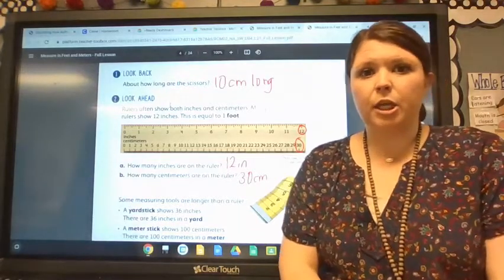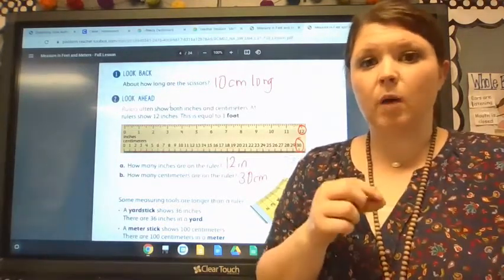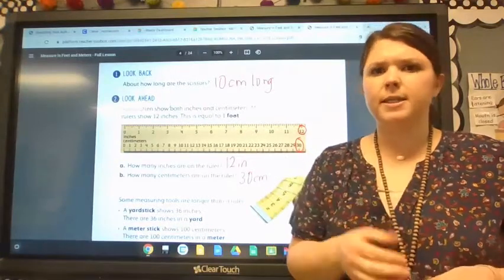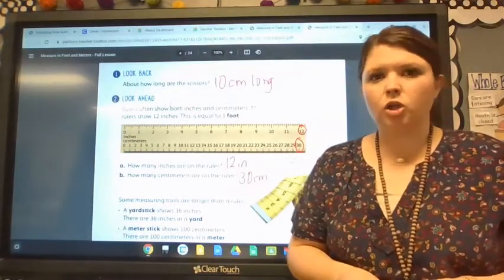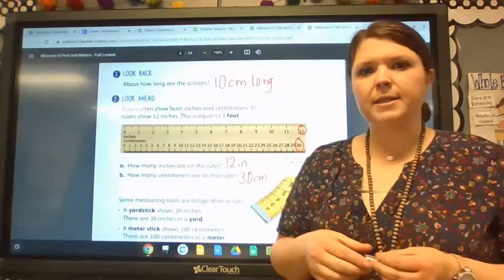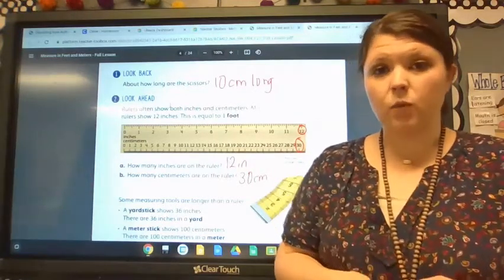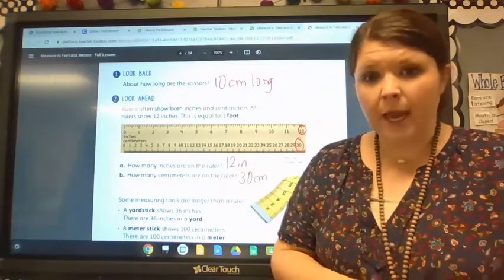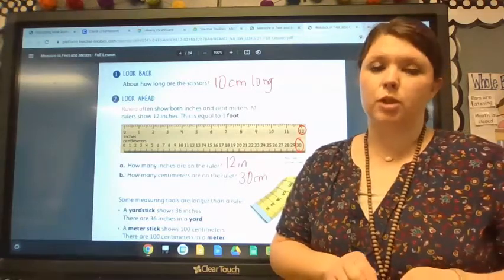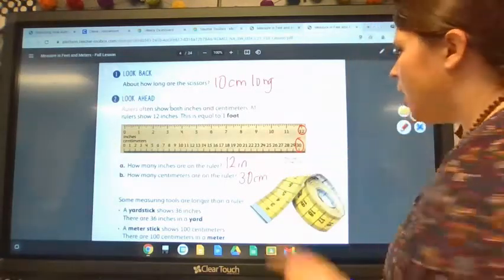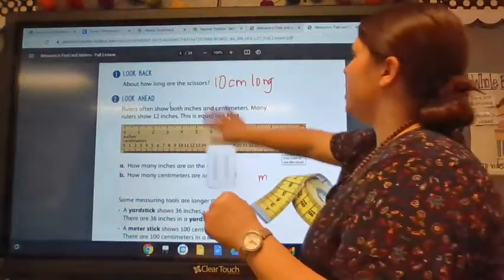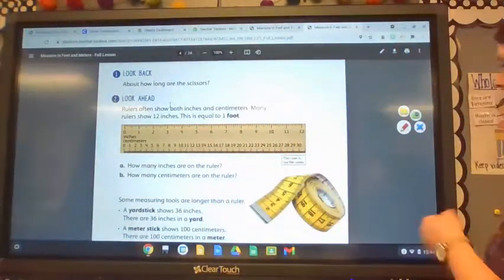Yeah, it was a pretty good unit of measure to use because it was small, and the scissors are not very small objects, but they're not large objects either. It's on the smaller side. So centimeters was a good unit of measure to use, and a ruler was an appropriate tool to use to measure that, okay?